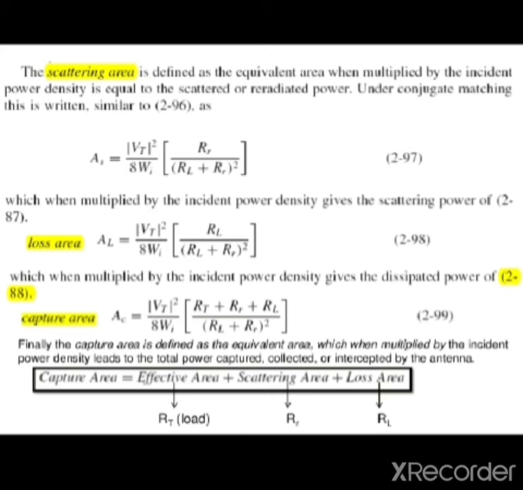The capture area is equal to the effective area plus the scattering area plus the loss area. That means the capture area is the physical area. The capture area is equivalent to the effective aperture area plus the scattering area, reflections, and some losses. So there are three areas, related to the radiating resistance, the loss resistance and the load resistance, whatever it may be.